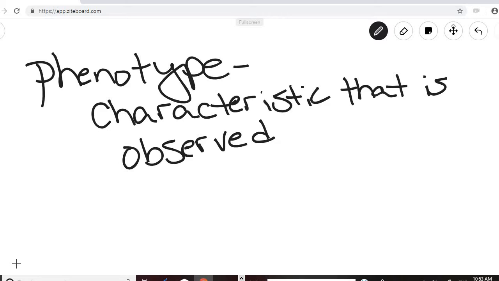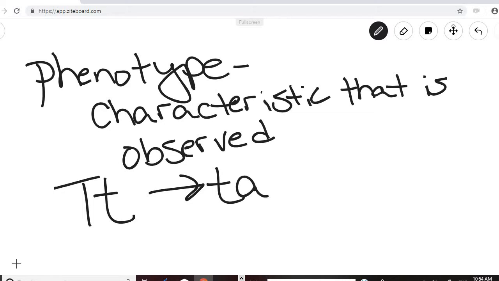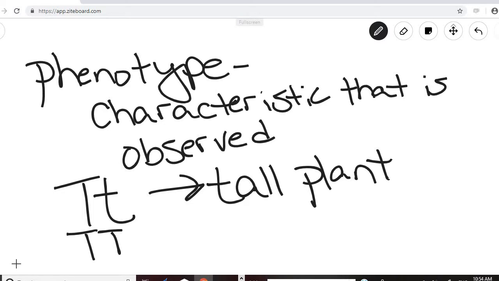Okay, so if we had a genotype of this, then what would be observed from that would be a tall plant, if let's say it's plants. If the genotype was this, then the phenotype also would be a tall plant.